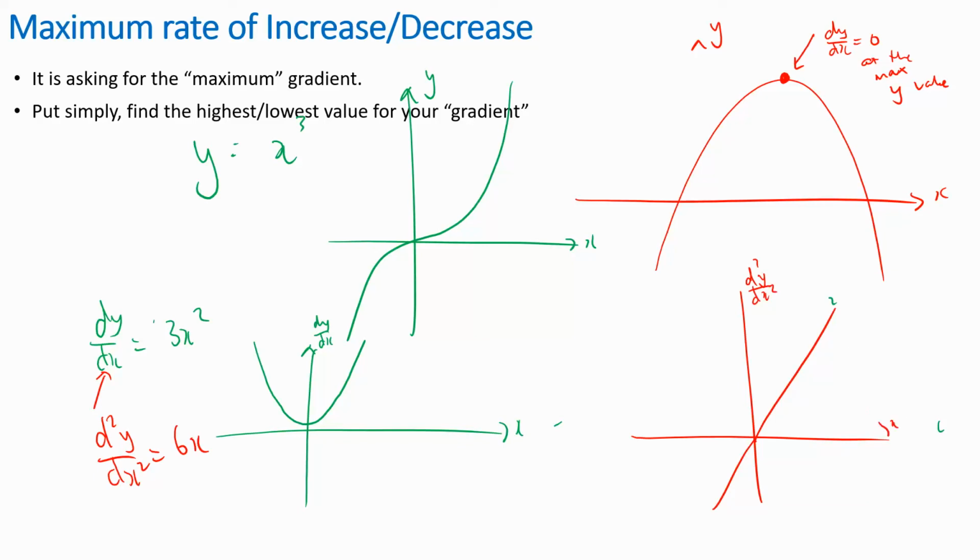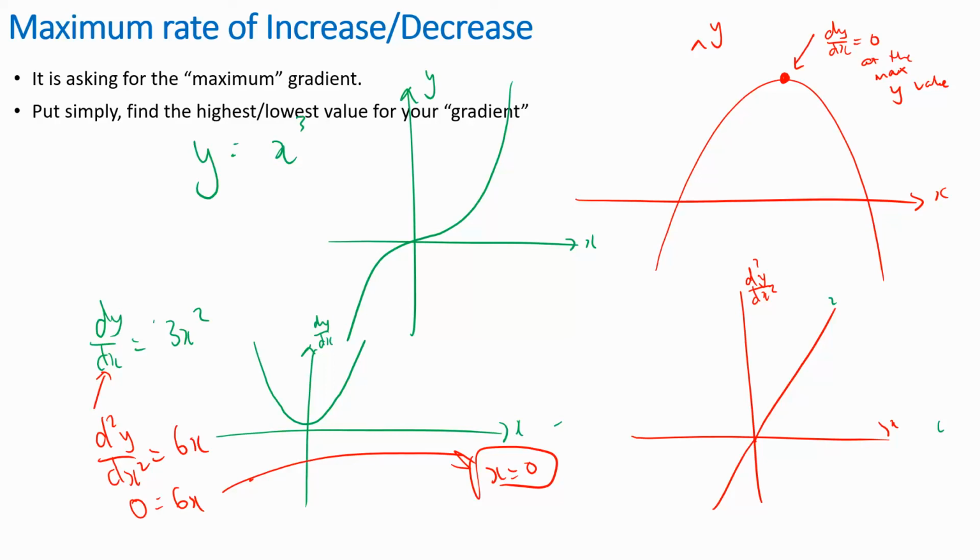Once you find the derivative, you let that equal 0, because you know the gradient of the tangent line of this particular curve is equal to 0 at that point. So double derivative equal to 0, and voila, x equals 0, which makes sense, because if you sketch 3x squared, the minimum has to be at x equals 0. So the double derivative, let it equal to 0, you find the maximum rate of increase or decrease.